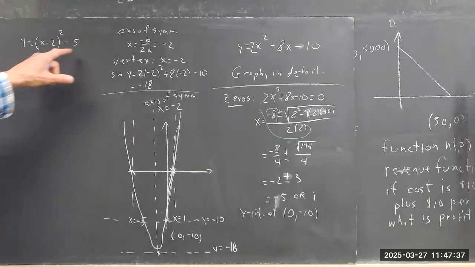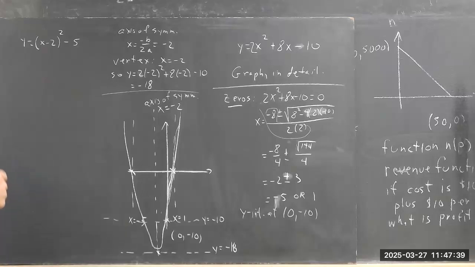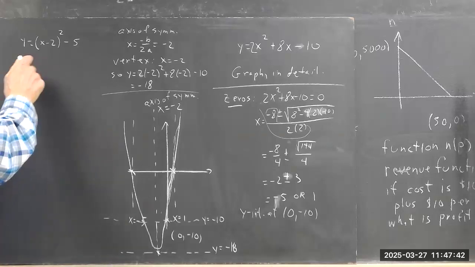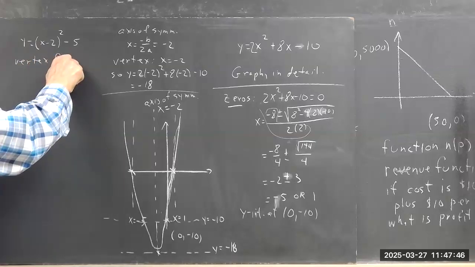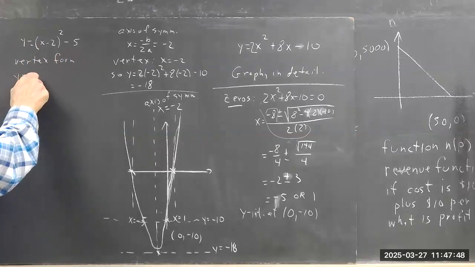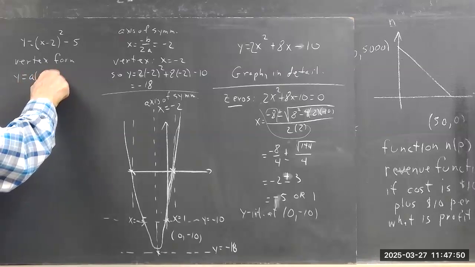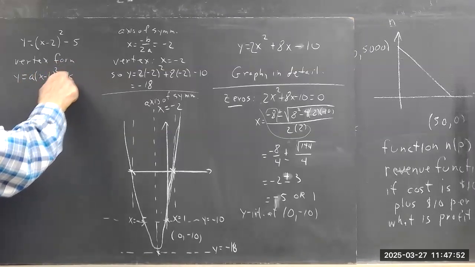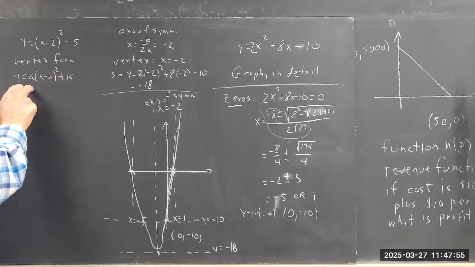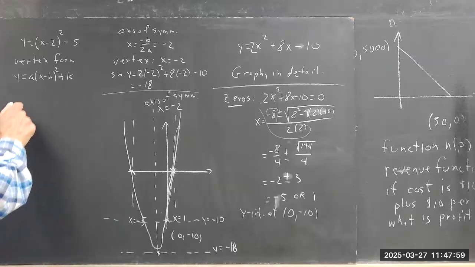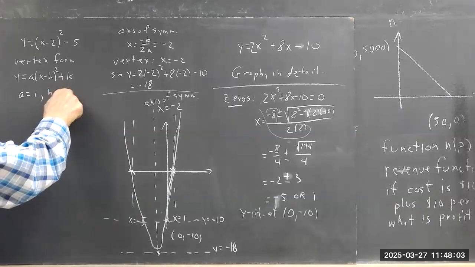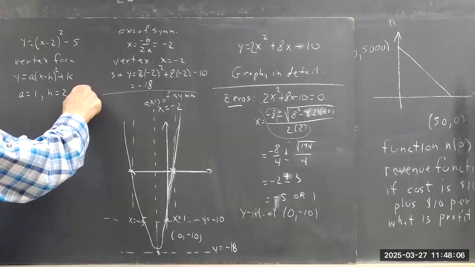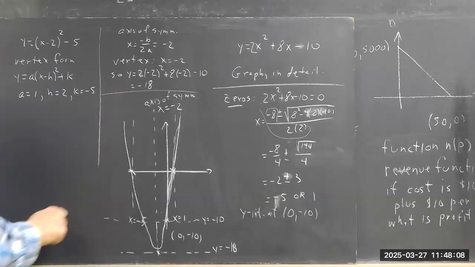How do you graph y equals x minus 2 squared minus 5? Well, this is vertex form: y equals a times x minus h squared plus k. a equals 1, h equals 2, k equals -5.